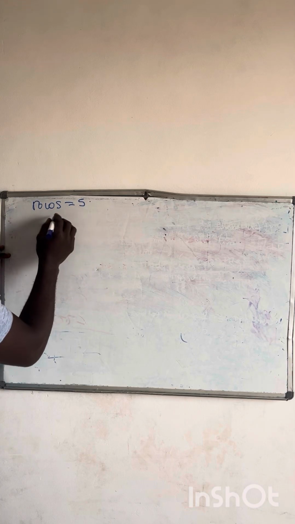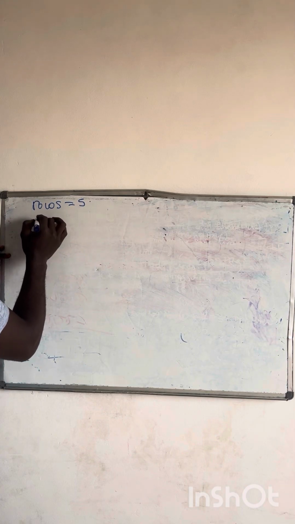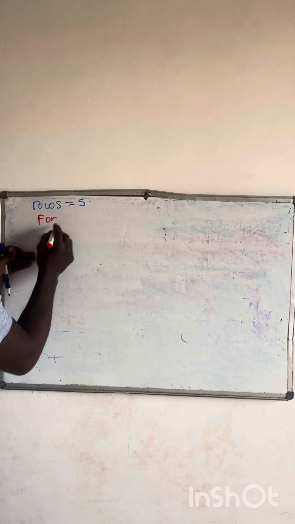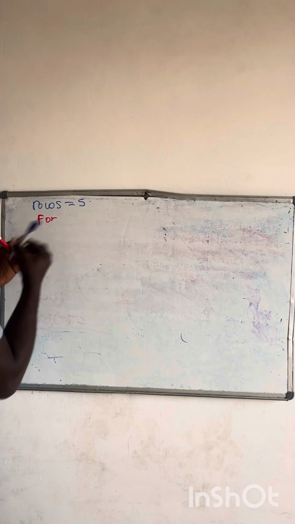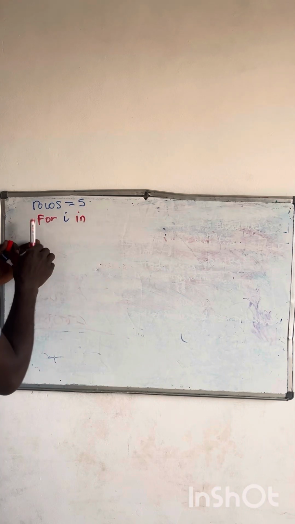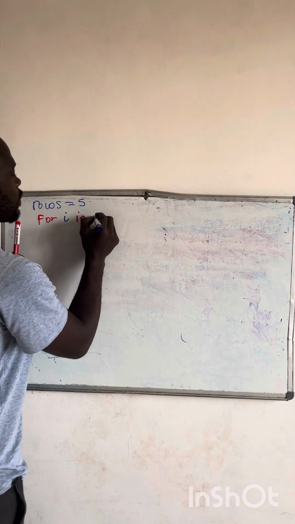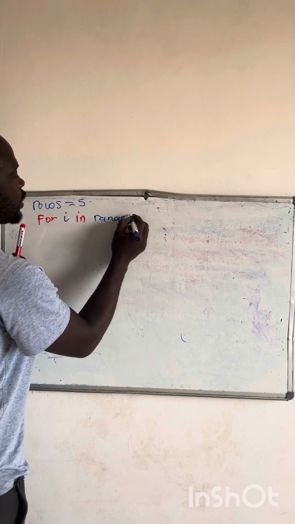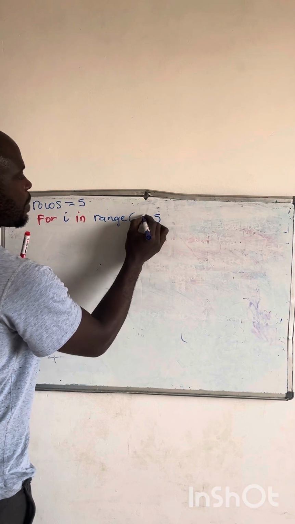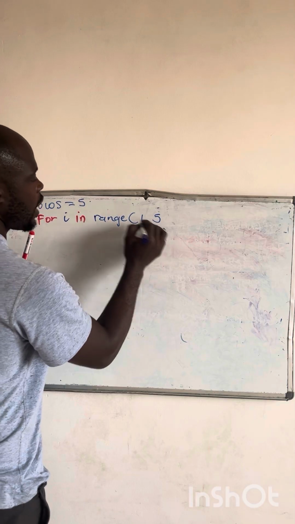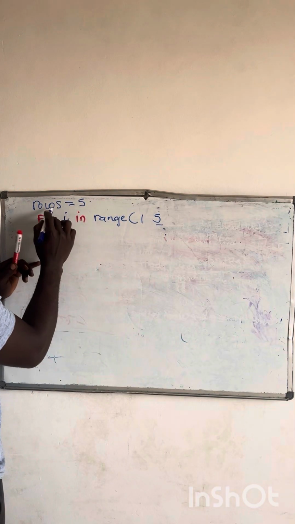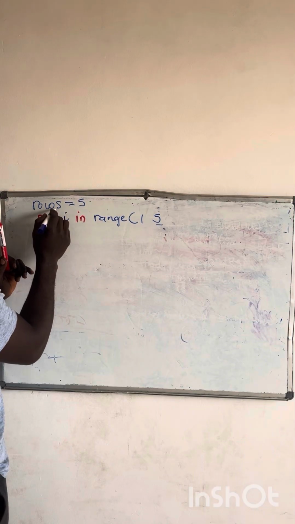So we are going to say for i in range. For i in range 5, but beginning with 1. Instead of putting 5 here, we are going to put the name rows, because rows are equal to 5.